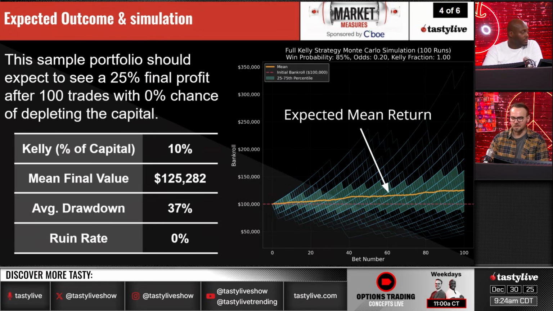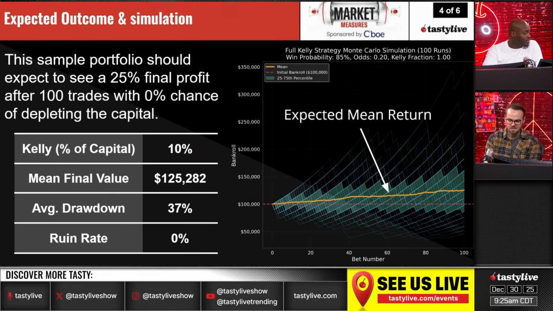The sample portfolio should expect to see a 25% final profit after 100 trades with zero chance of depleting the capital. So again, 10% allocated, the mean final value 125K, so 25% expected gain. Average drawdown, 37%.